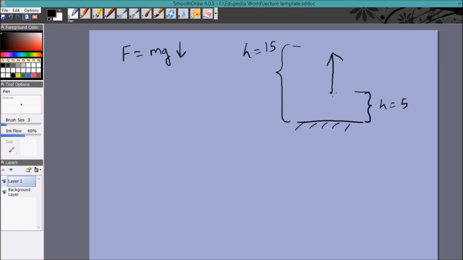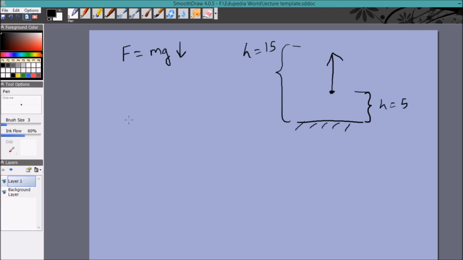Now, if we take this particle to be the system, then gravity will be an external force, and we'll use the work energy theorem and say work done by gravity will be equal to change in kinetic energy. But for potential energy of this gravitational force, we need to take this object plus the earth as a combined system. We'll assume the earth doesn't move because it's very large, and even if it moves, it will be a tiny amount compared to this particle.